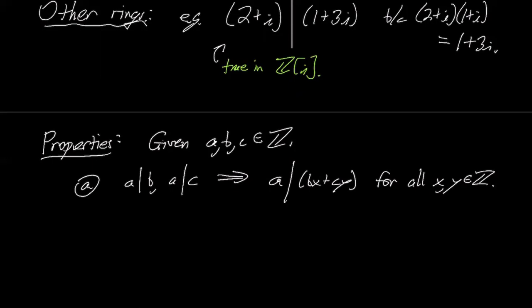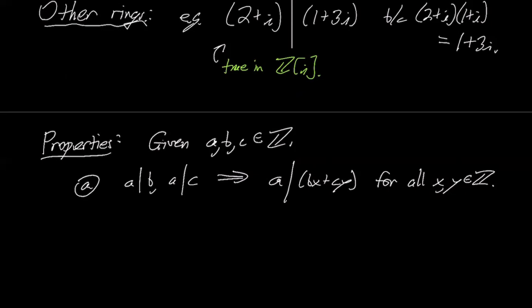You can make any multiples of b and c and add them together. Think about a specific example. If b and c are both multiples of 3, so a equals 3 here, and you add two multiples of 3, you get another multiple of 3. If you multiply a multiple of 3, you get a multiple of 3, right? If I take 9 and multiply it by 10, I get 90, which is still a multiple of 3. And you can combine them in any way.